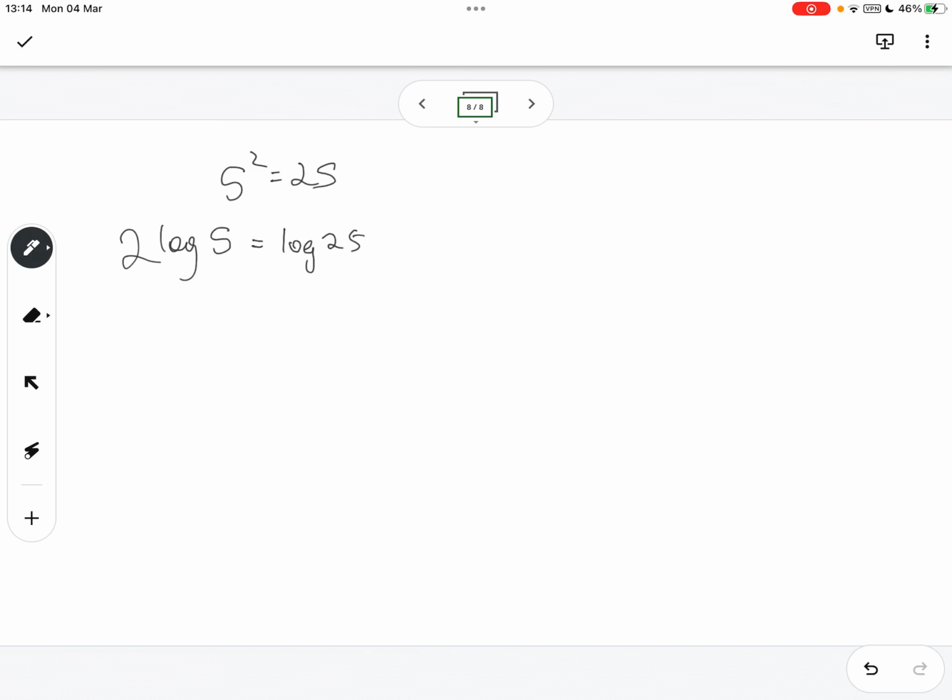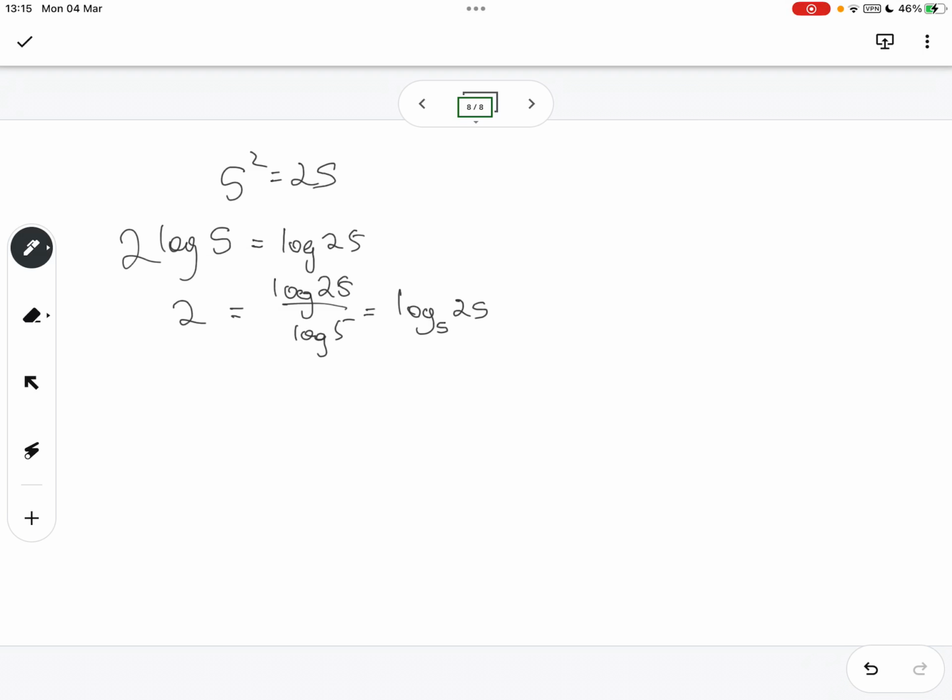We can work directly with it. So we can say twice log 5 equals log 25, and therefore 2 equals log 25 over log 5, which is log 25 to base 5.